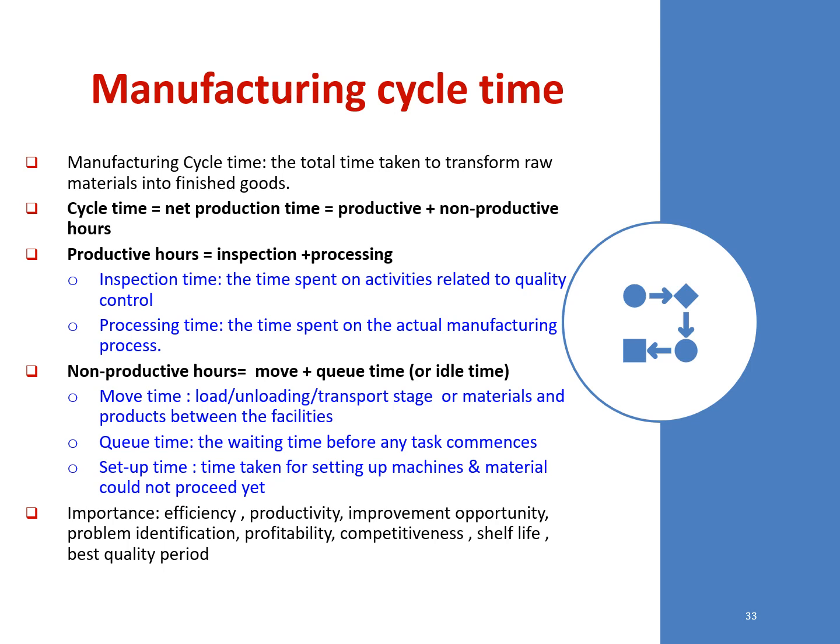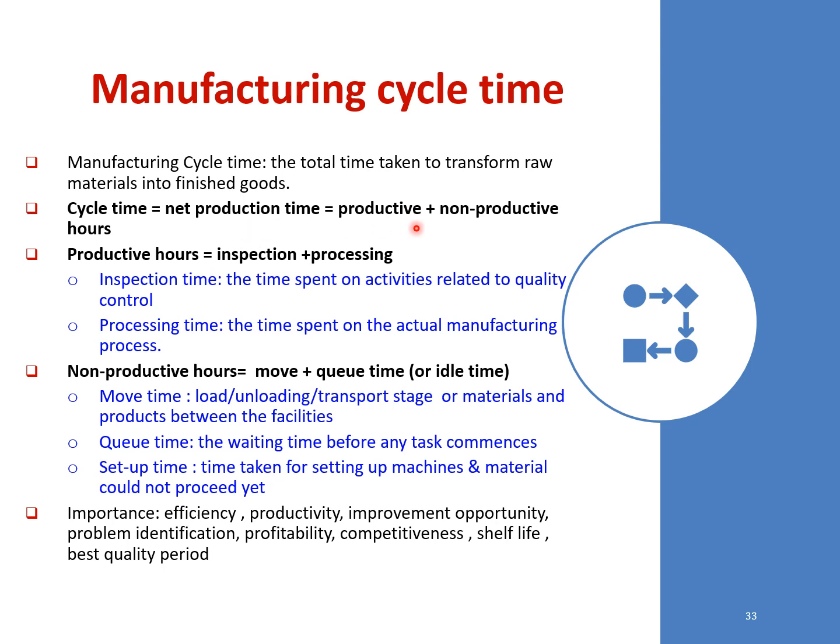So this is not the batch cycle time. This is manufacturing cycle time. It is defined as the total time taken to transform raw material into finished goods, final products.